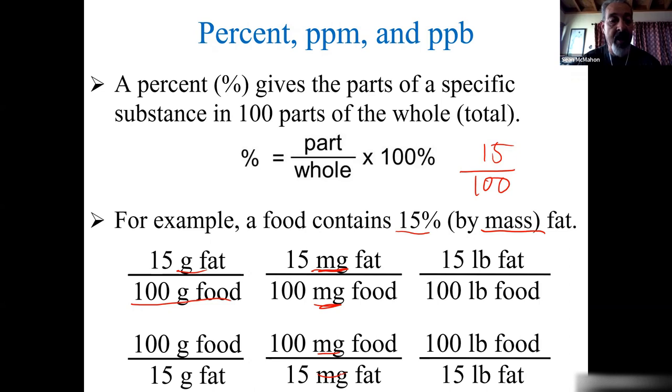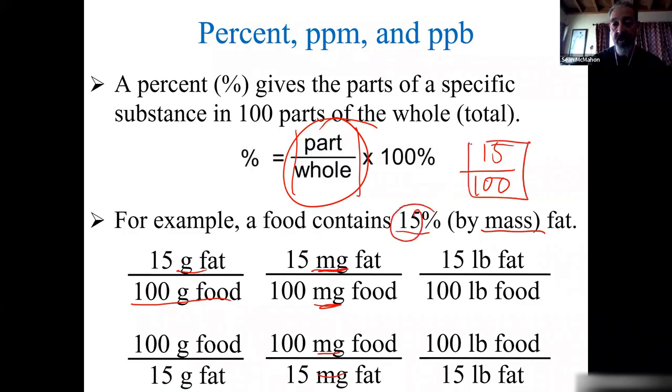I can even do it for pounds if I want. So whenever I deal with percents, I should think of them as part over whole in a ratio. So 15% is just 15 over 100, right? Just like 25% is 25 over 100.